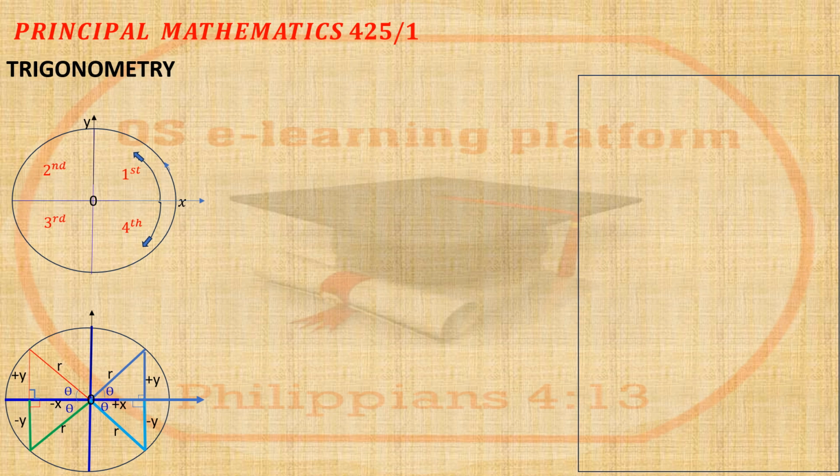My friends, allow us to get into this trigonometry. There are very simple things that I want us to discover today. By the end of this tutorial, you should be in a position to appreciate that there are 4 quadrants in a unit circle.